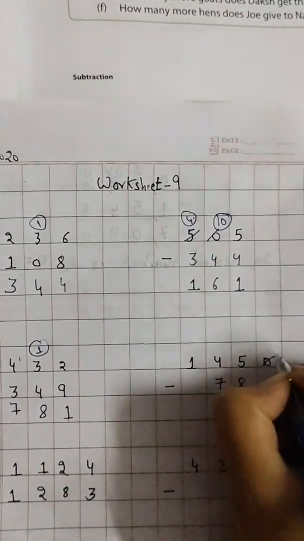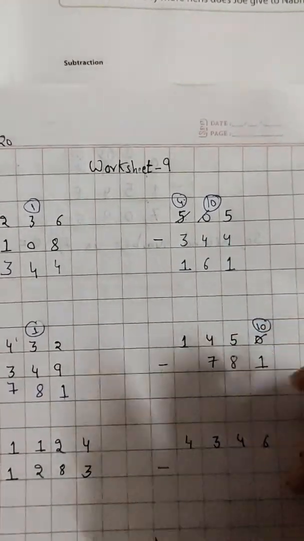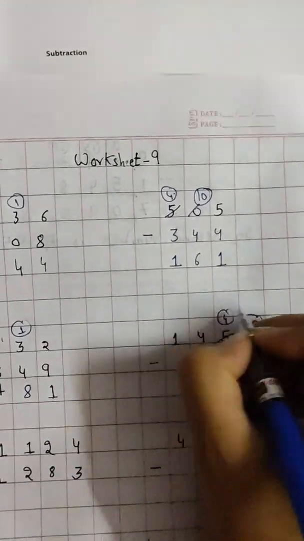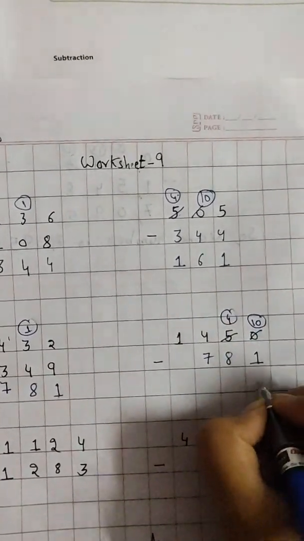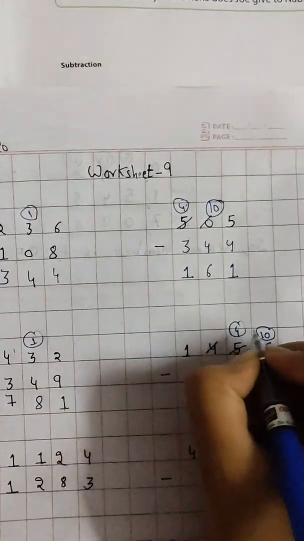Now you have to subtract. 0 minus 1 is not possible, so we will borrow 1 here. It will become 10 and this will become 4. 10 minus 1 is 9. 4 minus 8 is not possible, so we will take one from here.